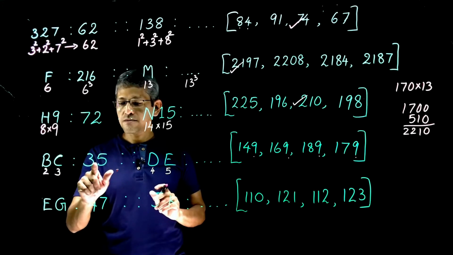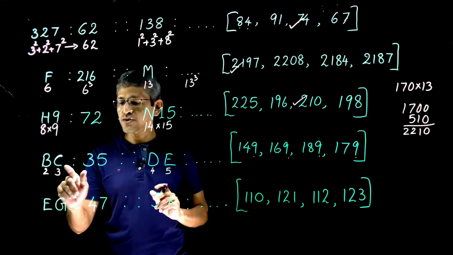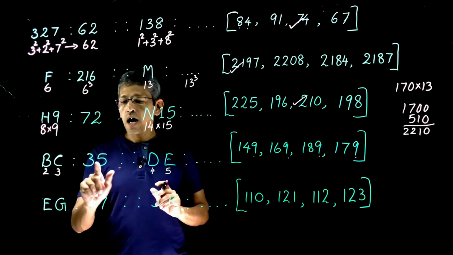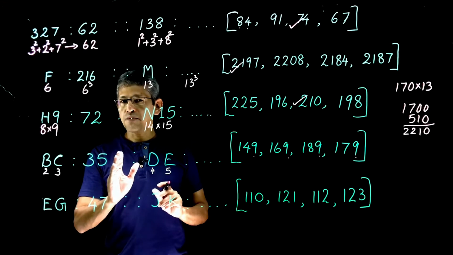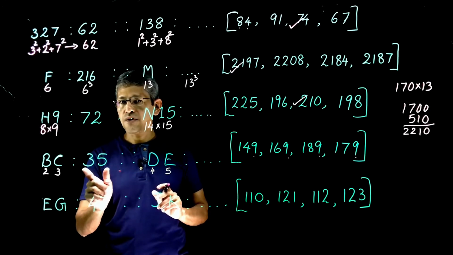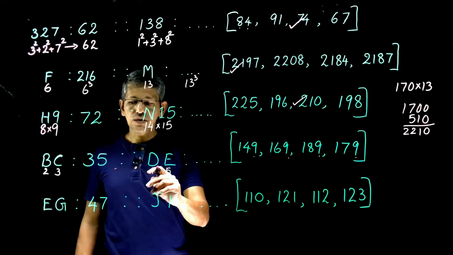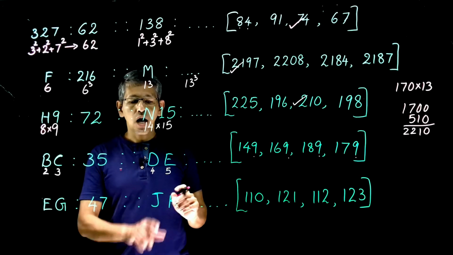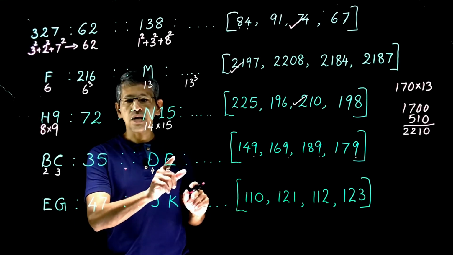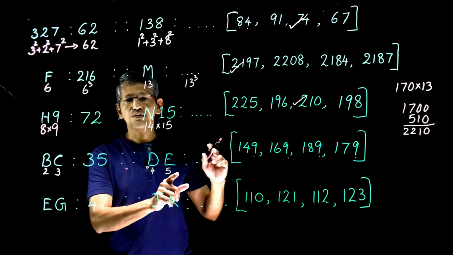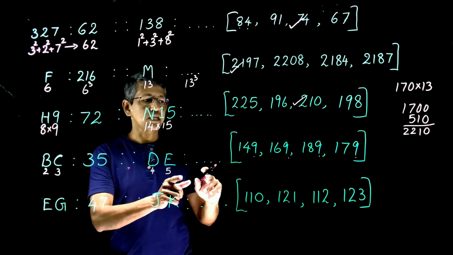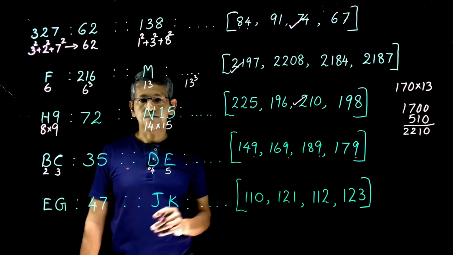No. Actually, this 35 is 5 into 7. 3 into 2 is 6, and the number before 6 is 5, the number after 6 is 7. So we have 5 into 7. That's a possibility. Now, this 4 into 5 is what? 20. Before 20 we have 19, and after 20 we have 21. So 21 into 19. We don't have such an answer.